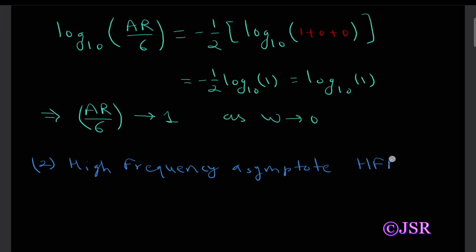So to find the high frequency asymptote, we have to substitute omega tends to infinity, and then we will have to find out the value of AR by 6 when omega tends to infinity.